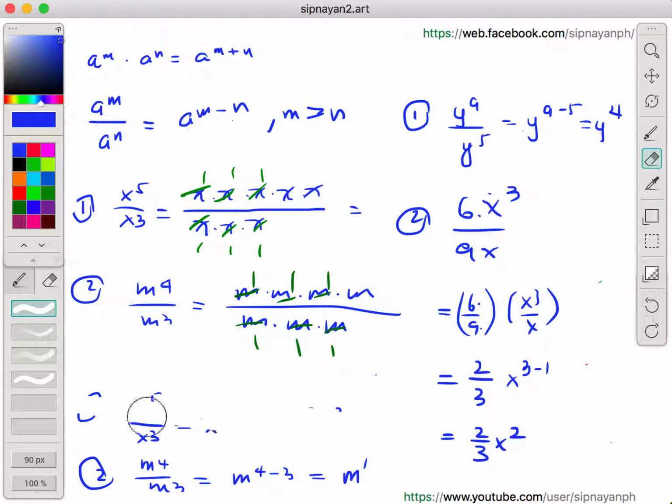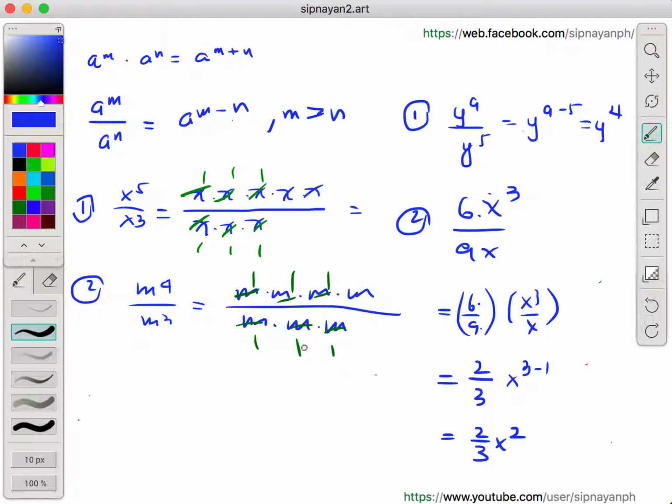Next example, I think we'll have one last example kasi magkaroon pa tayo ng maraming examples sa susunod na videos. So we have example 3. 10n to the 4th divided by 2n to the 2nd power, n squared.